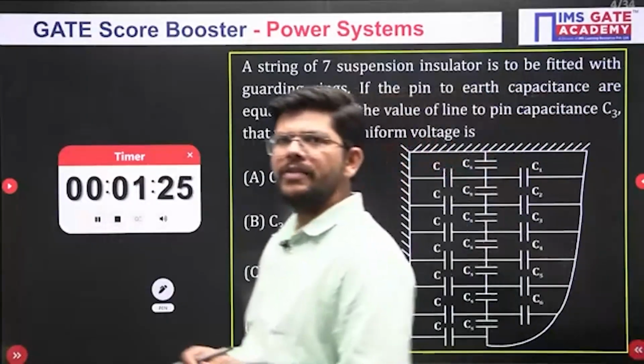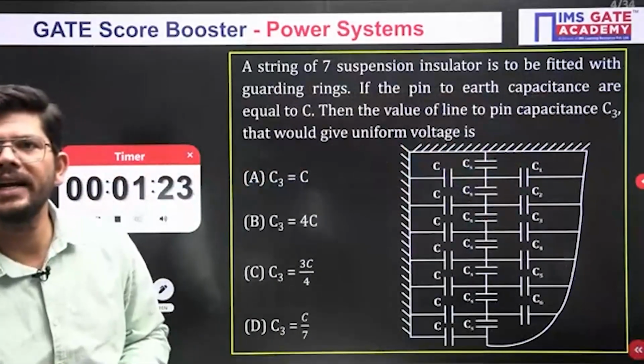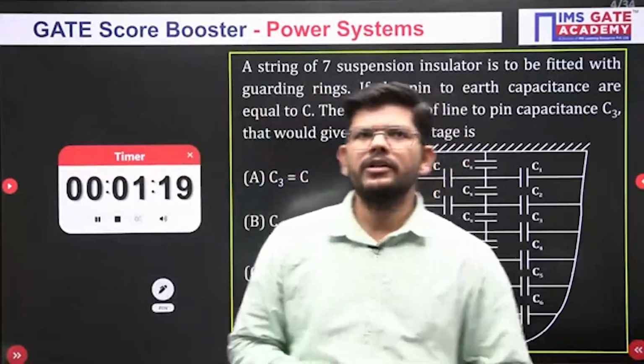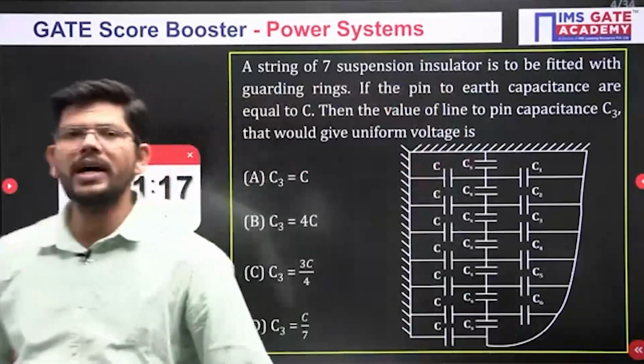So there is only one formula. Prakhar is getting an option C. Very good, Prakhar. So what about others? What is your answer?